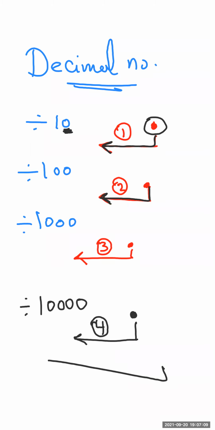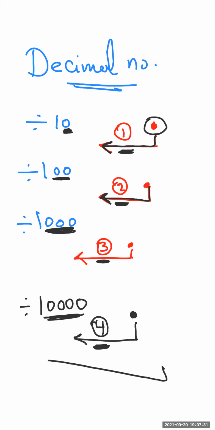So 10, one decimal place. 100, two decimal places. 1,000, 3 decimal places. 10,000, 4 decimal places. 100,000, 5 decimal places. Million, 6 decimal places, and so on.